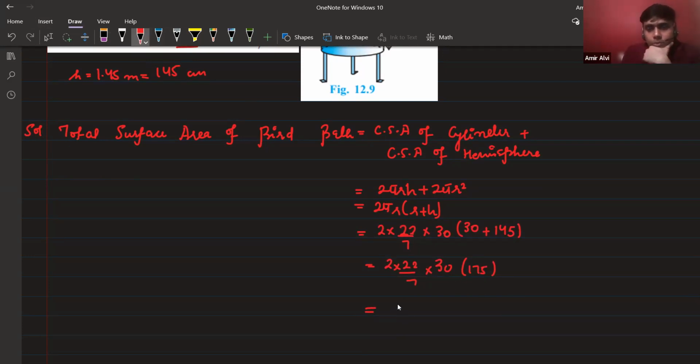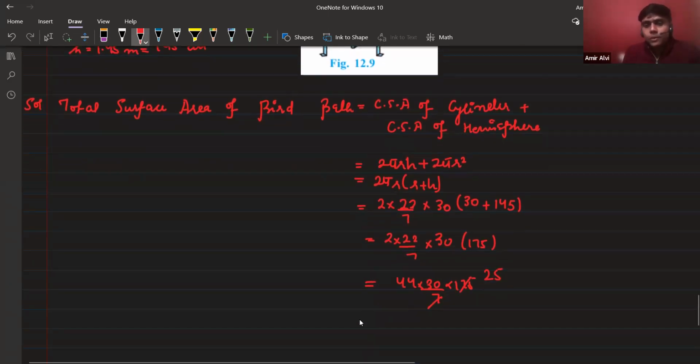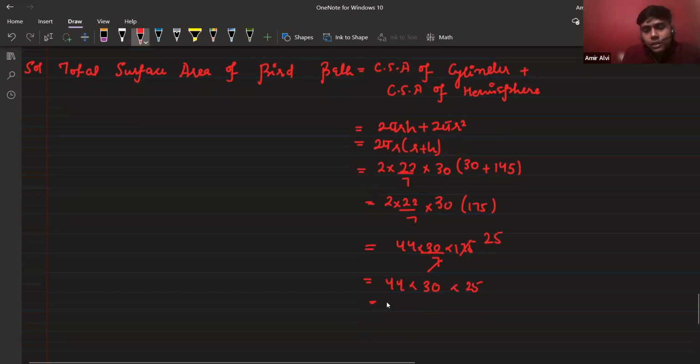So this comes out to be 44 into 30 into 175 by 7. 7 into 25 will be cancelled out. So the answer is 44 into 30 into 25. This comes out to be 33,000 centimeters square. Is it clear to you? Yes, sir.